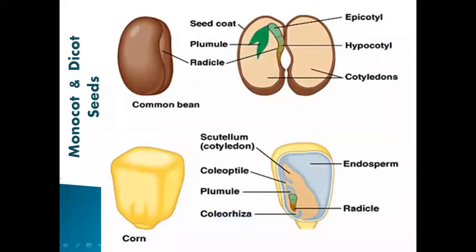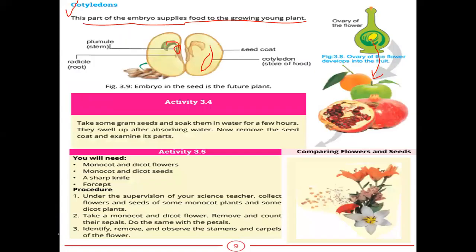Okay, here in the previous slide, if you see this one, there is an activity by which you can see the differences between two types of flowers or plants. One is called monocot and the other is called dicot.